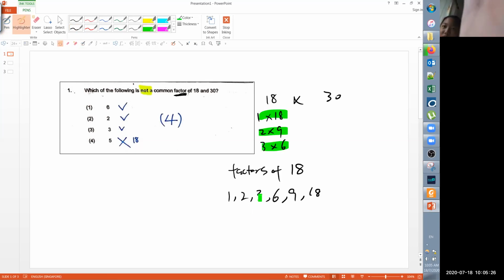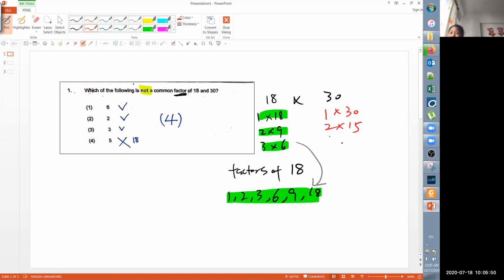These are the factors, and they come from here. These are the factors of 18. What you need to do is figure out the factors of 30 as well.